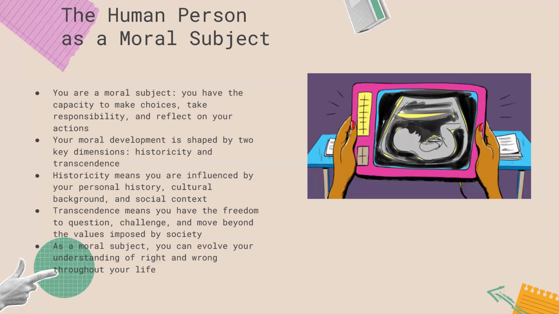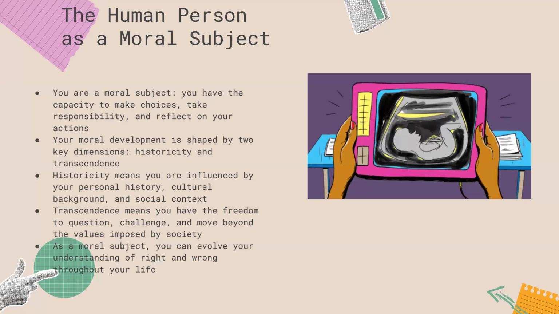So if we compare one person from Managua and one person from the Atlantic coast, the historicity of the person from the Atlantic coast is shaped by the cultural background that they got, right? The different types of ethnicities, the multicultural experiences that they have, right? And transcendence means that you have the freedom to question. I mean, feel totally free to ask questions. Okay, so challenge and move beyond the values imposed by society.